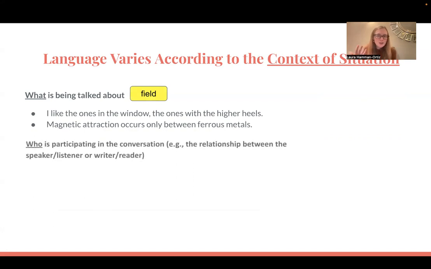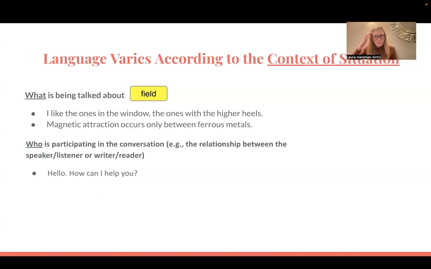Another component is who is participating in the conversation, or the relationship between the speaker and listener, or the reader and writer. So this shapes the language choices that we make. So for example, if I were to give you this sentence, hello, how can I help you? You might be able to predict that who is participating in this conversation are two people who don't know each other, right?